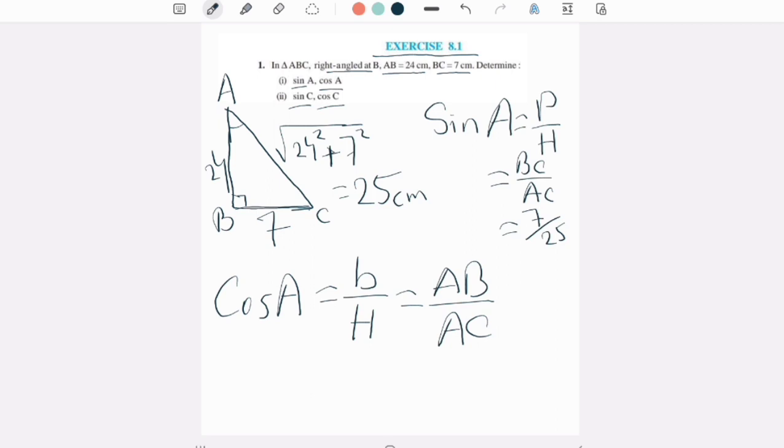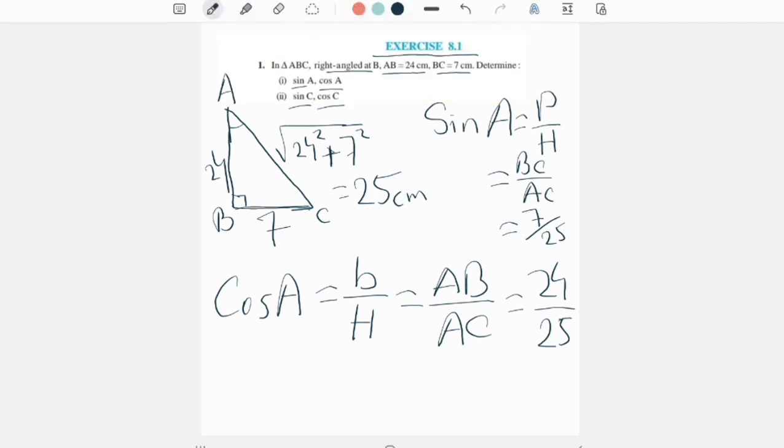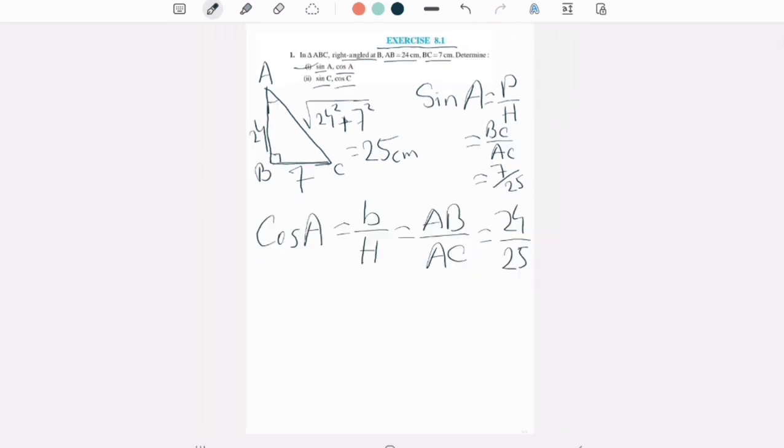So the value of AB will be 24 and the value of AC is 25. So cos A is 24 by 25. Okay, so we get the answer of the first one. First one completed.